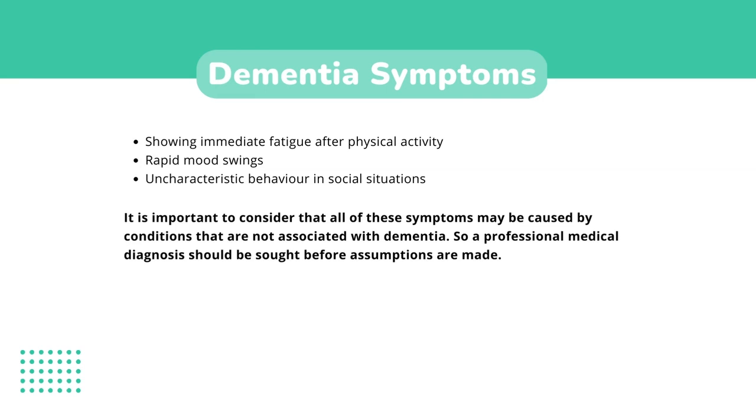It is important to consider that all of these symptoms may be caused by conditions that are not associated with dementia, so a professional medical diagnosis should be sought before assumptions are made.